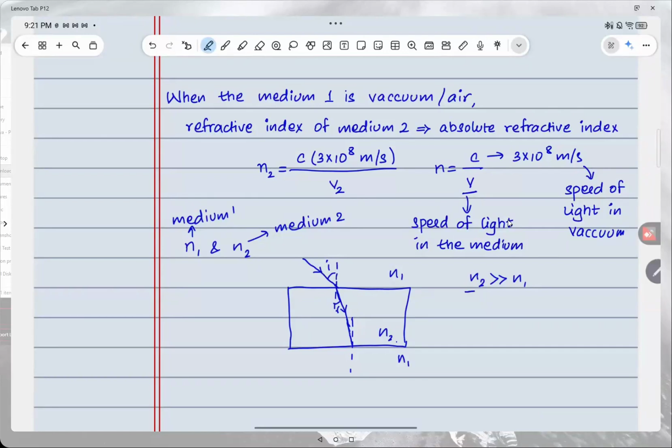When N2 is greater than N1, the light will bend towards the normal. But in the other case, if N2 is less than N1, then light will bend away from the normal.